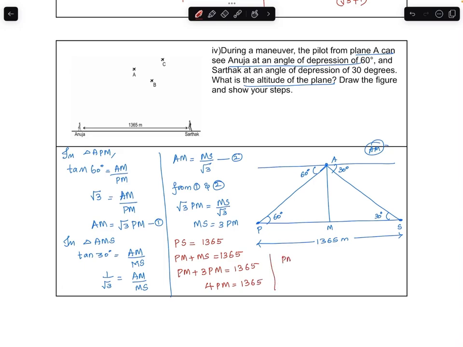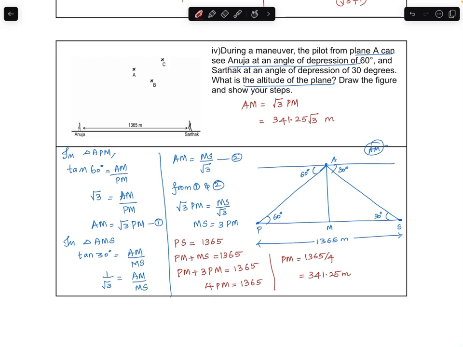That is PM is 1365 upon 4, which is 341.25 meters. Substituting this PM in the first equation, that is AM is equal to root 3 times PM, which is 341.25 root 3 meters. This is the altitude of plane A.